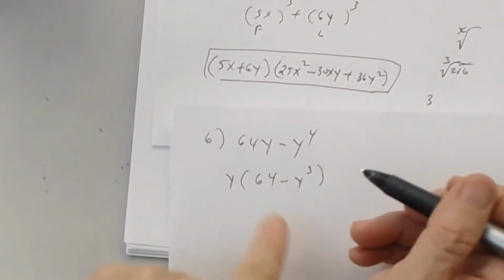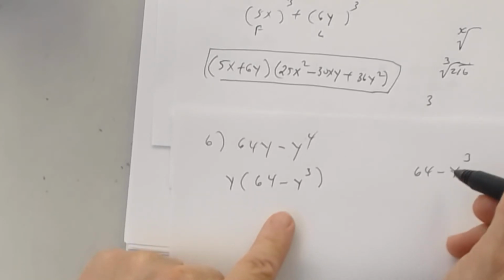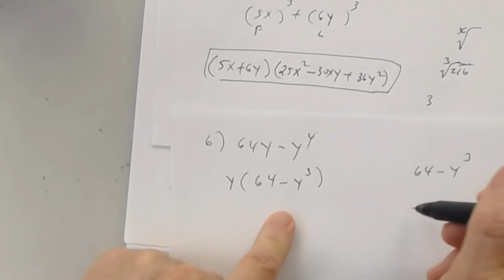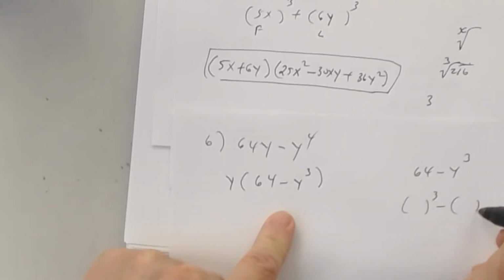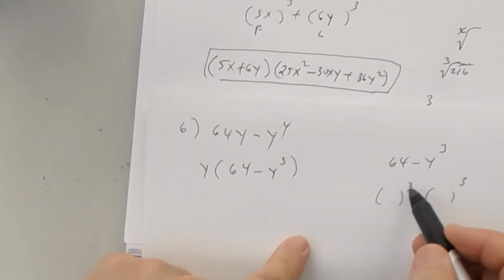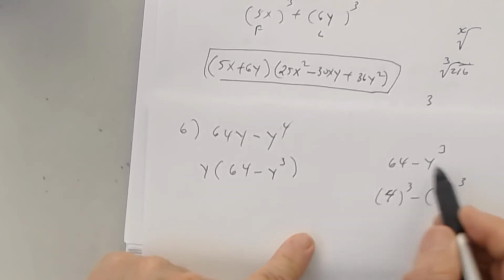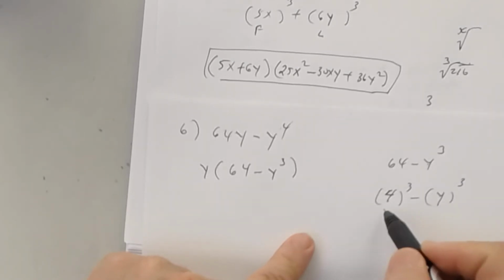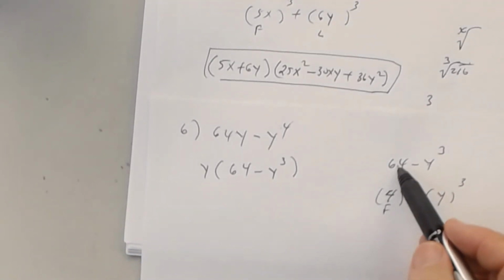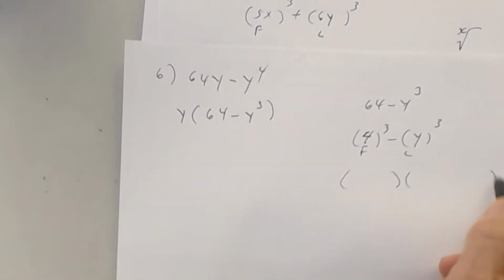No, because you can look at that 64 minus y cubed and notice that this is going to be the difference of two cubes. If I fill in those parentheses, what times itself 3 times is 64? 4. What times itself 3 times is y cubed? y. So there's my F and there's my L. When I factor 64 minus y cubed, I get a binomial times a trinomial.